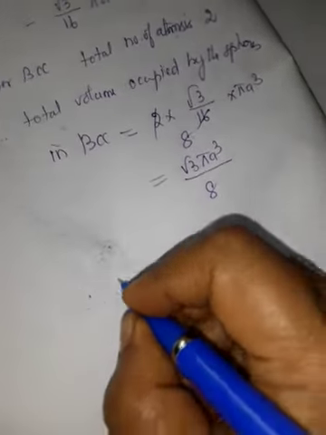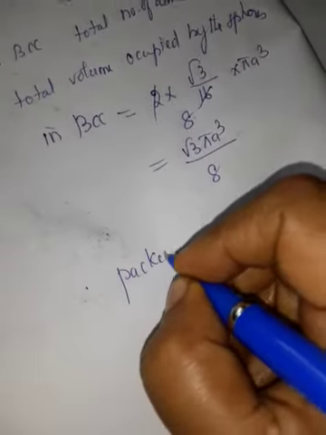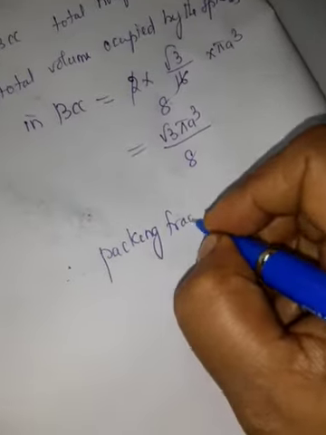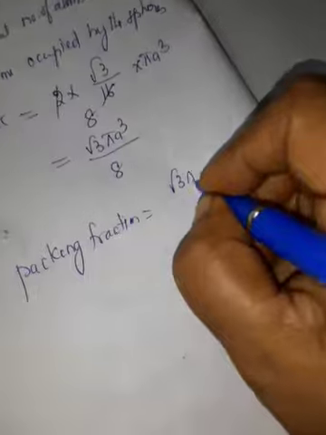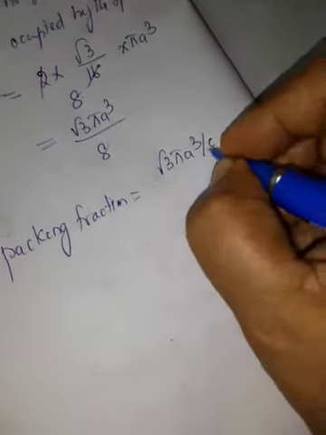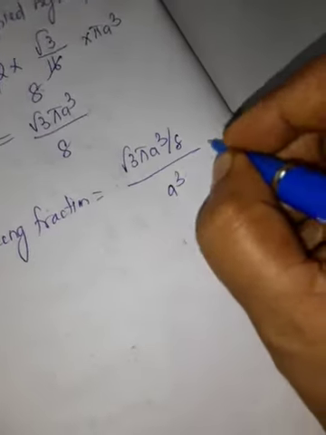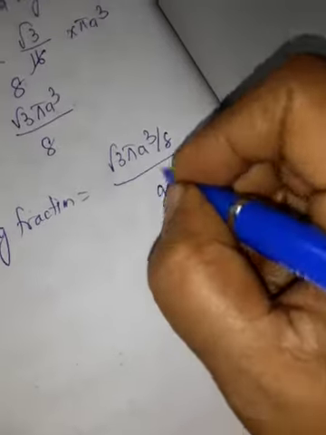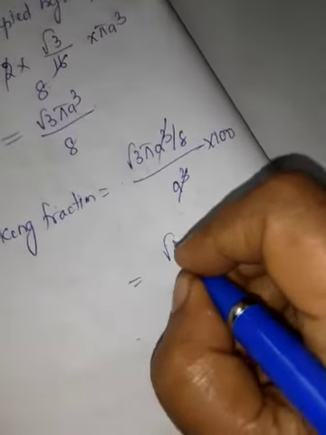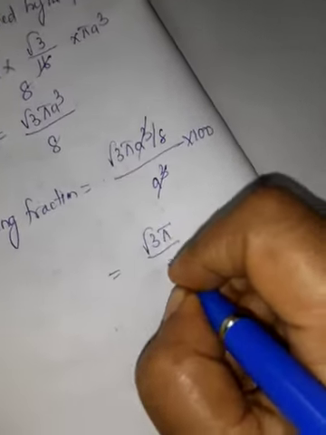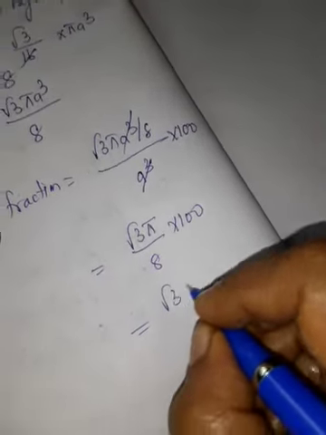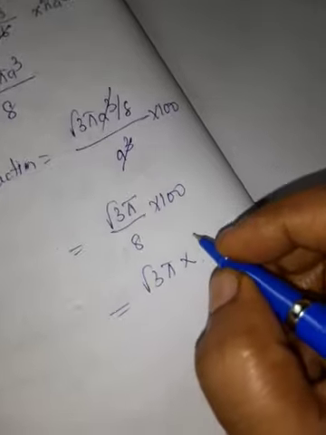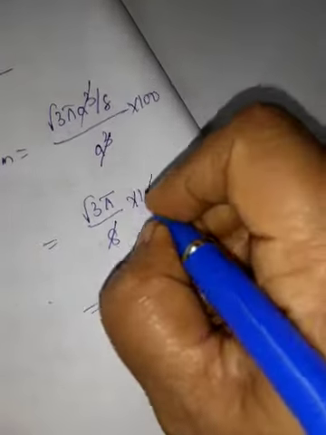Therefore the packing fraction is equal to root 3 pi a cube by 8, divided by a cube, into 100. That is root 3 pi by 8 into 100, root 3 pi 100 by 8.